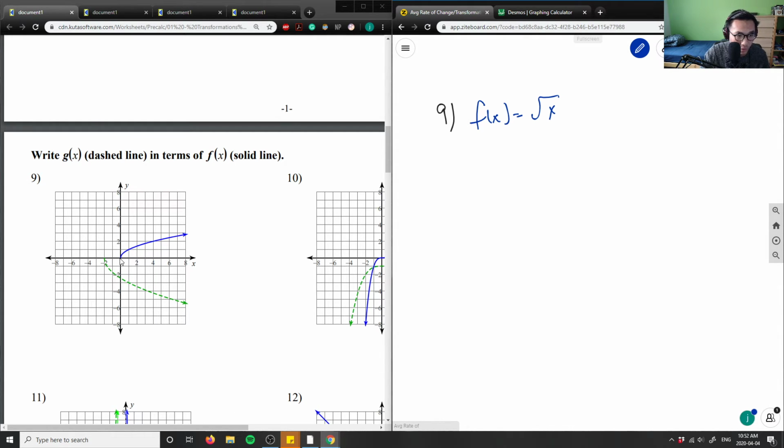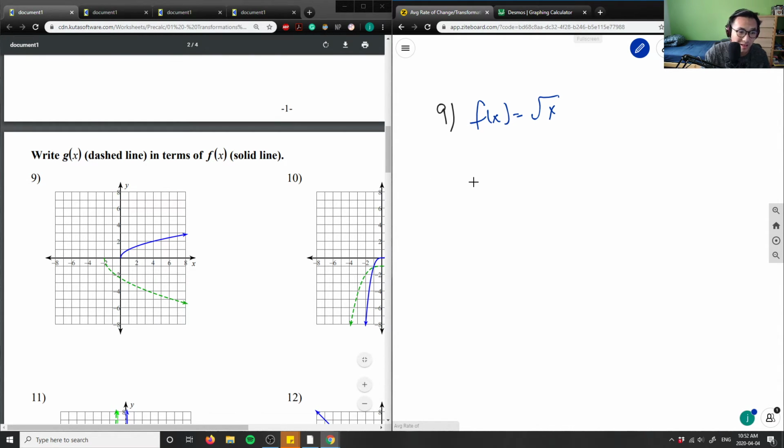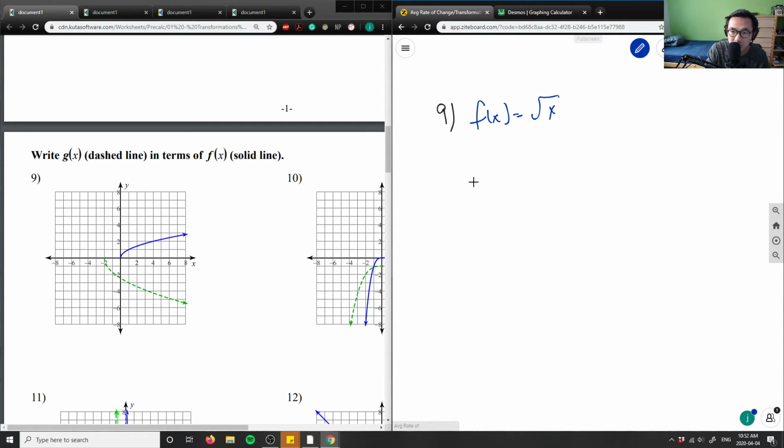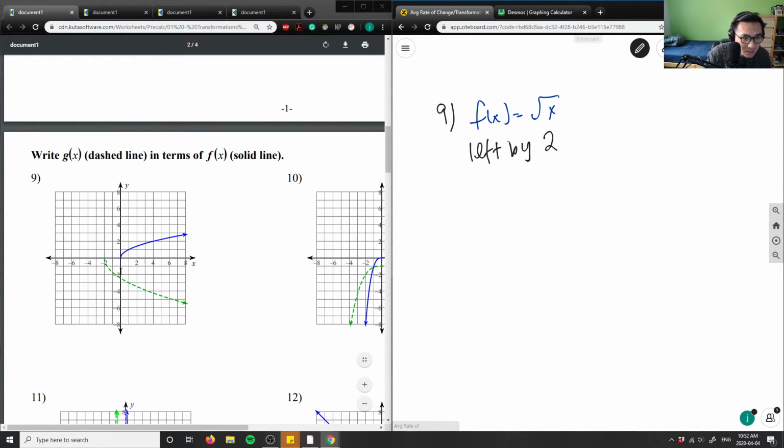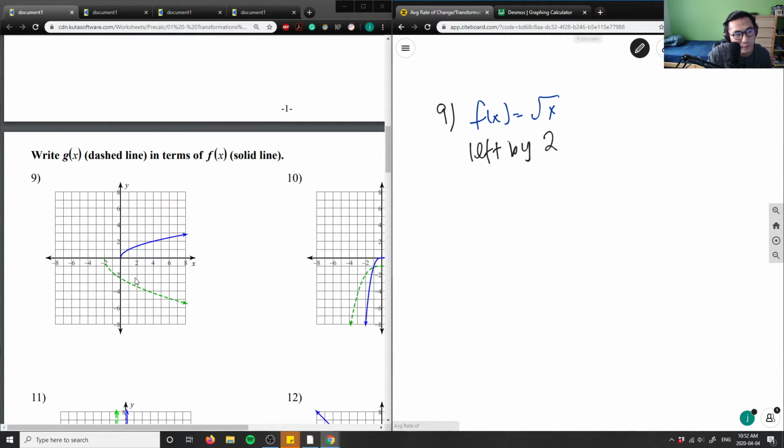I see my little point here. It moves left by 2. So it says here my first transformation is left by, actually, no. Let me do this in black. So here's left by 2, and then what am I doing here? I see here that my points look like a vertical stretch, right?